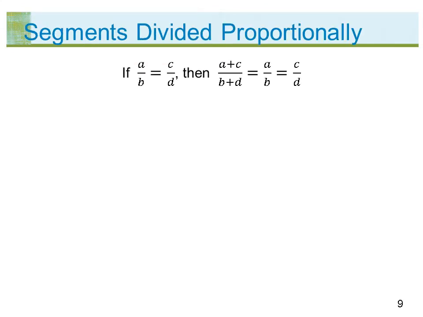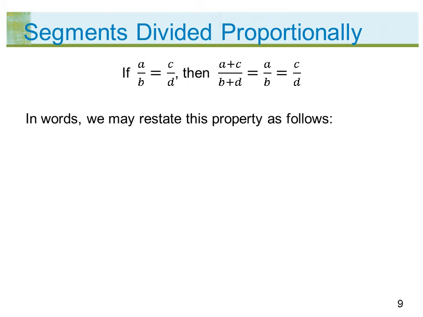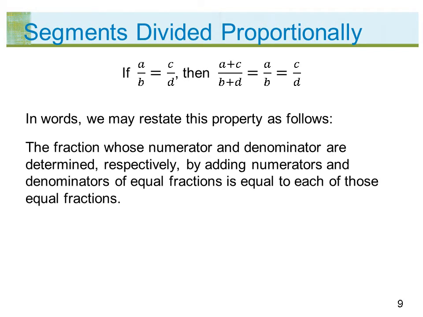If A/B = C/D, then (A + C)/(B + D) = A/B = C/D. In words, we may restate this property as follows. The fraction whose numerator and denominator are determined, respectively, by adding numerators and denominators of equal fractions is equal to each of those equal fractions.